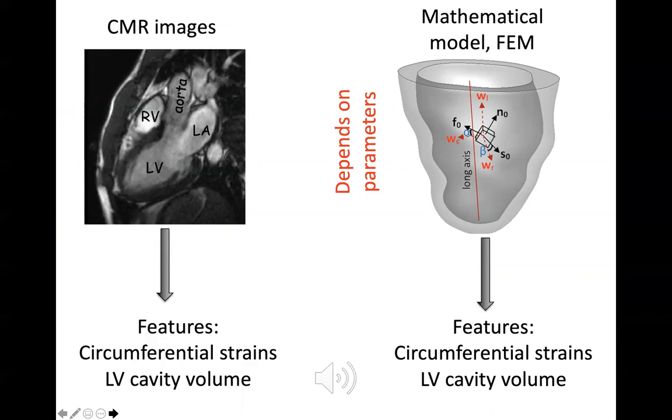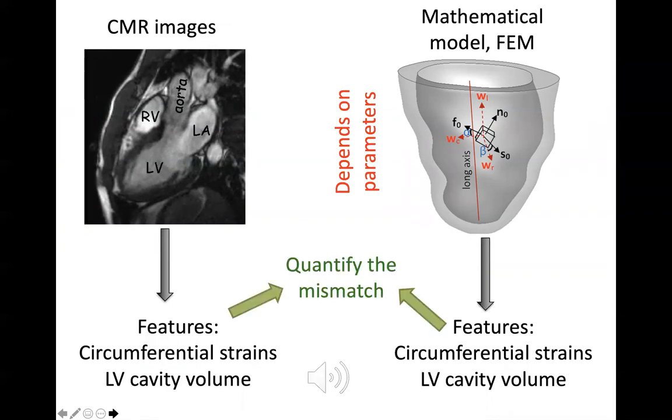Just remember that these predictions depend on the material parameters. Next, we quantify the mismatch between the features extracted from the magnetic resonance image scans and those predicted by the mathematical model. We then want to find the parameters that minimize the mismatch, which means the parameters that give us the best agreement between the data and the predictions from the model.